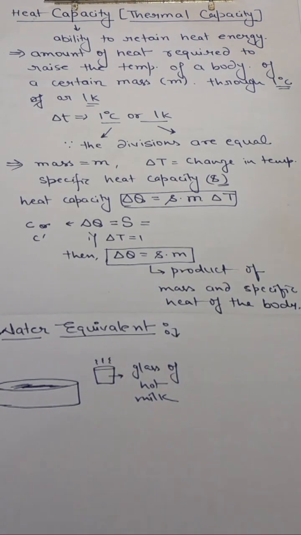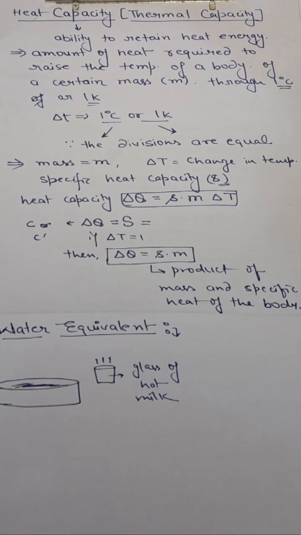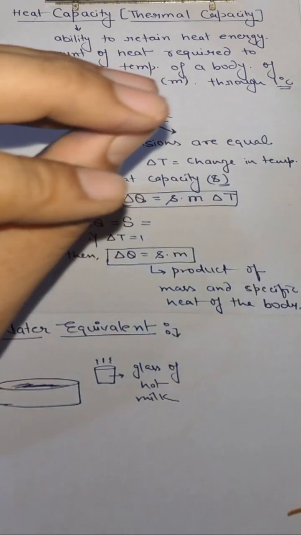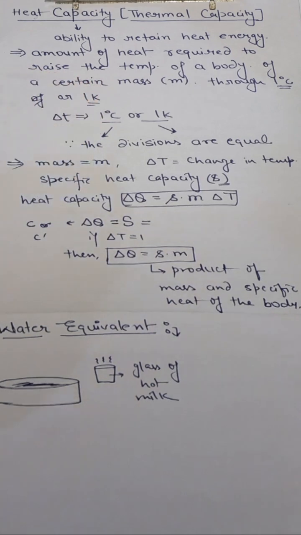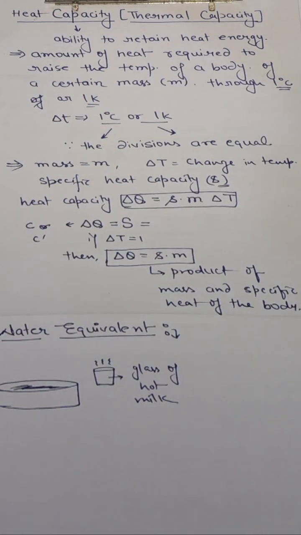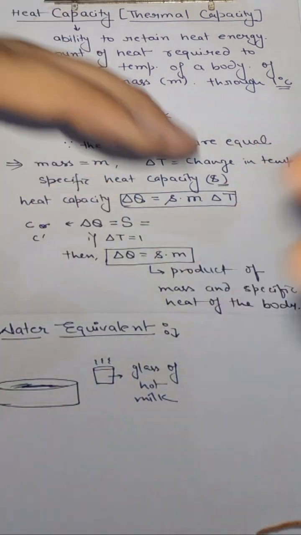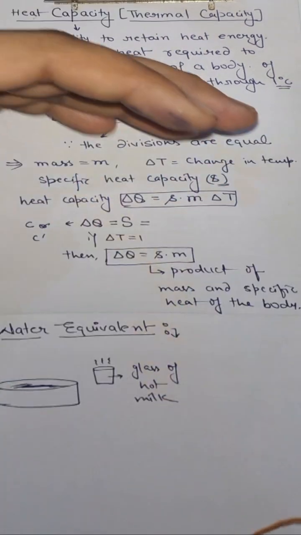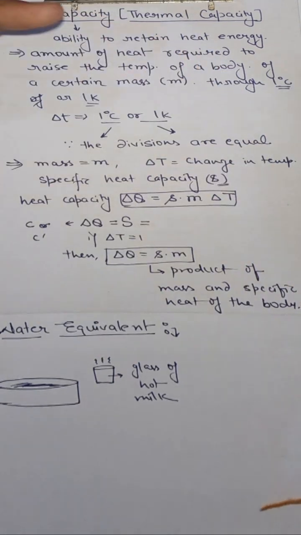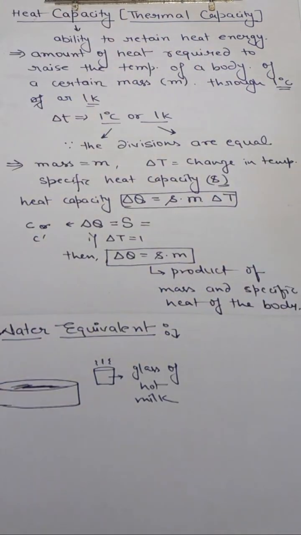Whether it is a car, generator, radiator, everywhere most of the things use water, or some percentage of the substance will be the water itself. Since it has the capacity to absorb as much heat as possible, due to this capability, it is used as a coolant.